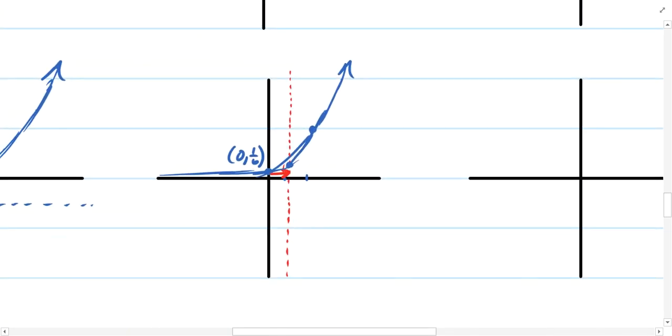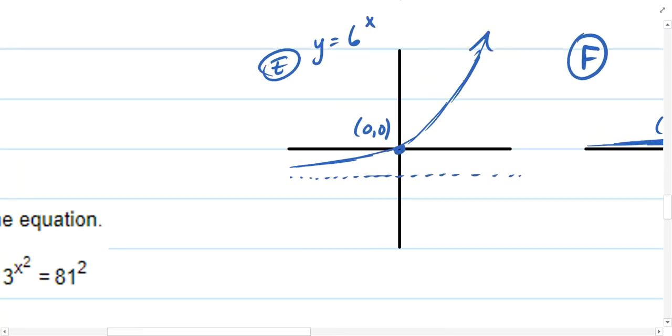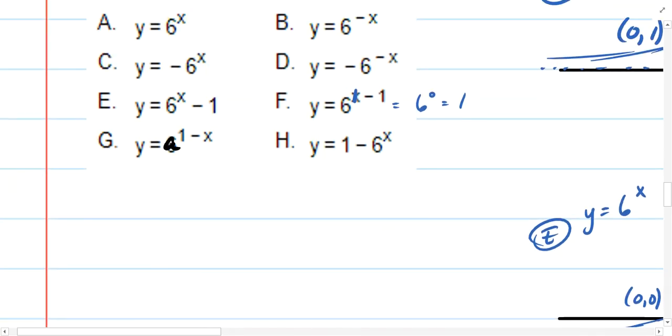For graph F here, it essentially struck this imaginary vertical axis 1 unit to the right, but every other data point would have been exactly the same. So this subtraction of 1 inside the grouping symbol surrounding the x, all that does is provide a rightward movement.